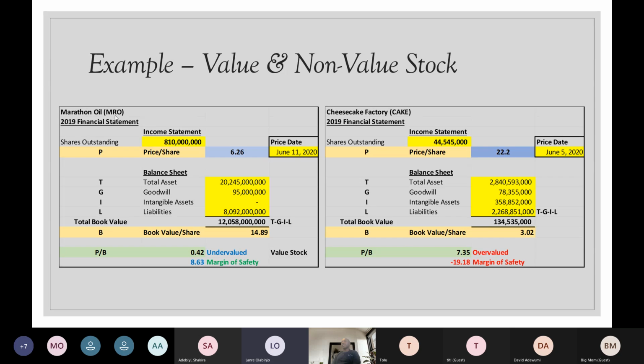Marathon Oil is an independent exploration and producing company in the oil and gas industry. Cheesecake Factory is a very big restaurant chain. I'm sure they're all over the US, if not even outside of the US. So I looked at their financial statements in 2019. I pulled this on the 11th of June and this on the 5th of June.